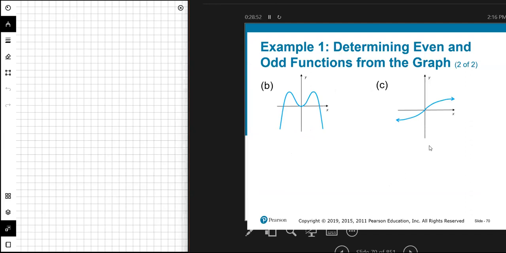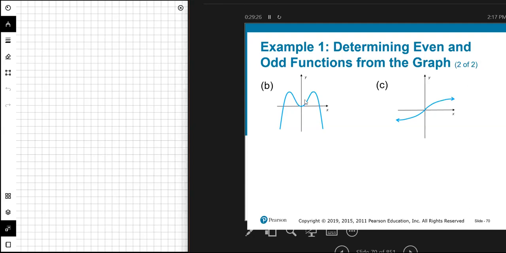Letter B. All right, being symmetric with respect to the y-axis. I remember teaching my high schoolers, and I remember being taught this when I was in high school, that if you fold it along the y-axis, the two arms will line up with each other perfectly. And that's what happens here on B. We look at these values going straight across.